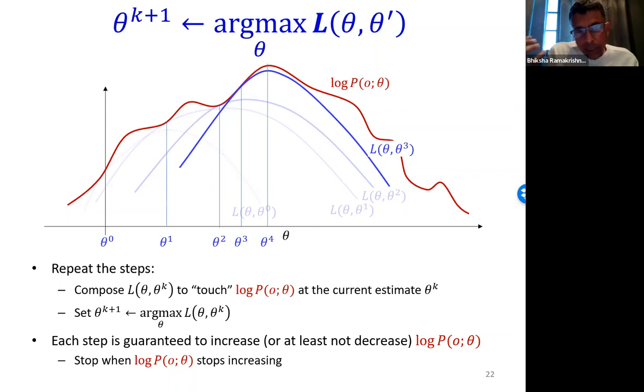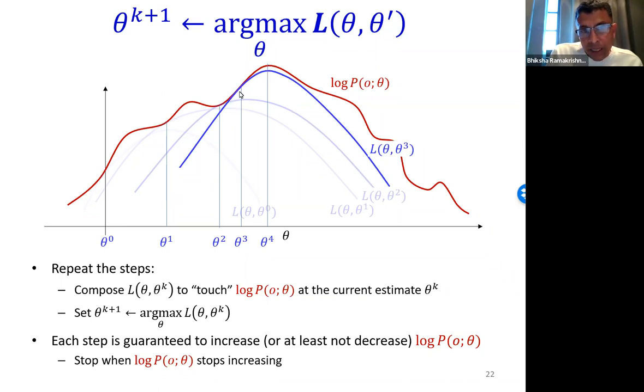And so, is this guaranteed to work? What is the condition under which it's guaranteed to work? Does anybody want to take a chance? It doesn't have anything to do with convexity. If my Q function is such that the blue curve touches the red curve at the current point, then I know that if I maximize Q, I'm going to be maximizing P, right?